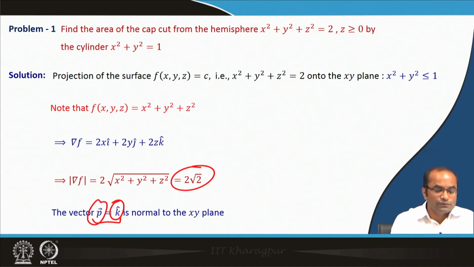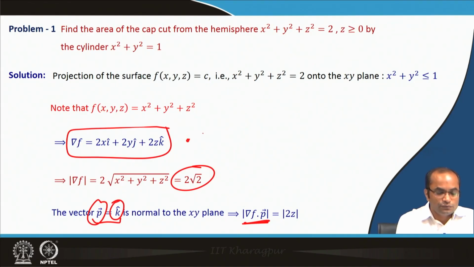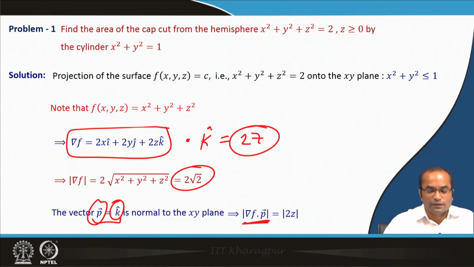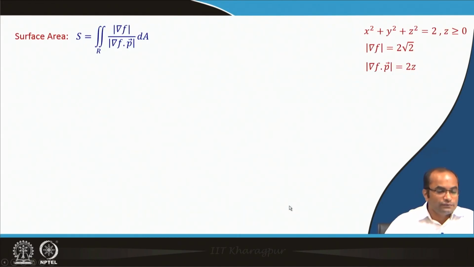So, we have this p also, and now we can use it in the formula, where we need to compute the gradient of f dot the vector p. If we do this dot product with k, naturally the 2z will remain, so we have 2z with the absolute value. Since z is greater than or equal to 0, we can simply have 2z, no absolute value now.